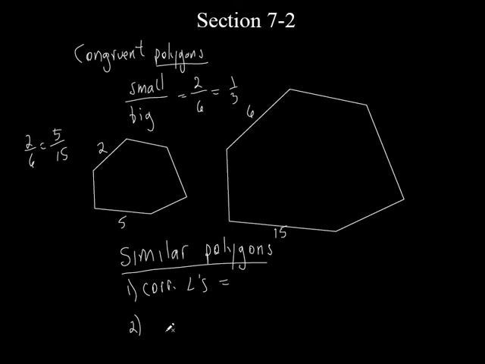Very good. You guys catch on quick. All right, so what can I say? The corresponding sides, they're obviously not equal to each other. Look, 2 and 6, they're not equal to each other, but the corresponding sides are in proportion.